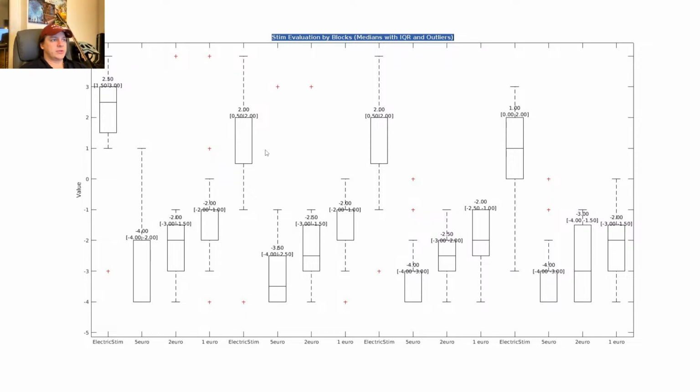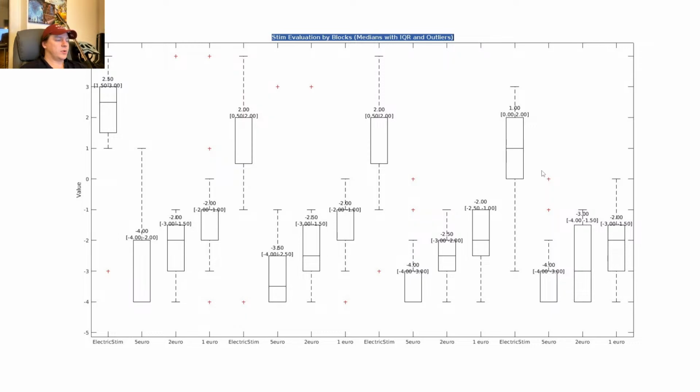And what we see is that the steam evaluation for €1 and electrical stimulation is around minus 2 in each block.